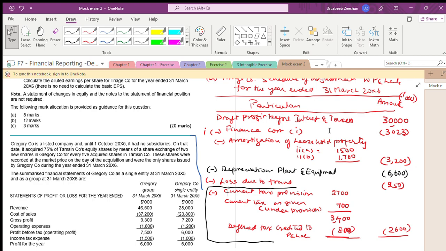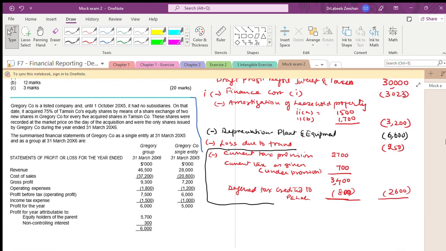30,030 minus 2,323, 3,200 minus 6,600 minus 250 and 2,600. 14,327. How much? 14,000. Is it 14,327?